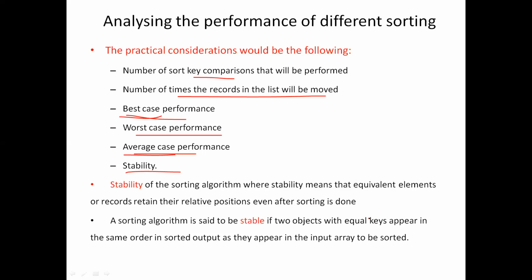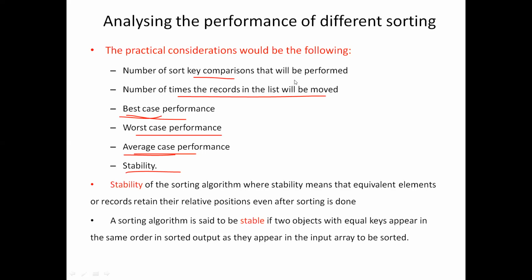For example, they are contiguously allocated. After sorting also, the set of elements will be in the same position. There won't be any change in the index of the particular element or set of elements in the array.